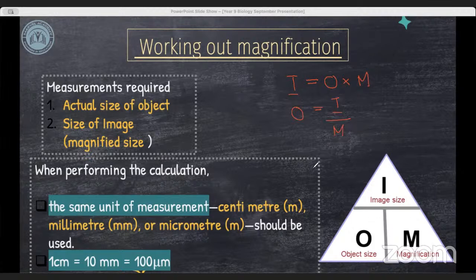If you want to find the magnification, it is image size divided by the object size. If the image size is in centimeters, the object size should also be in centimeters. That is what I meant by the same units. Is it clear to all of you?